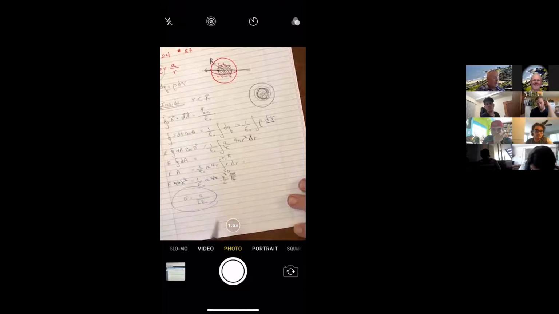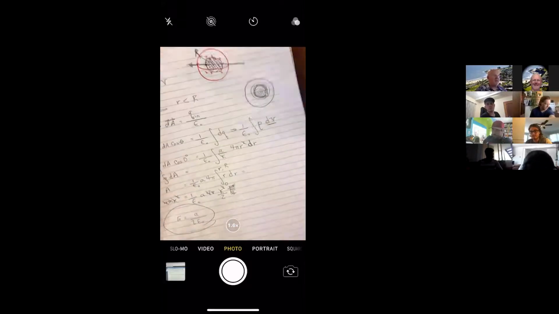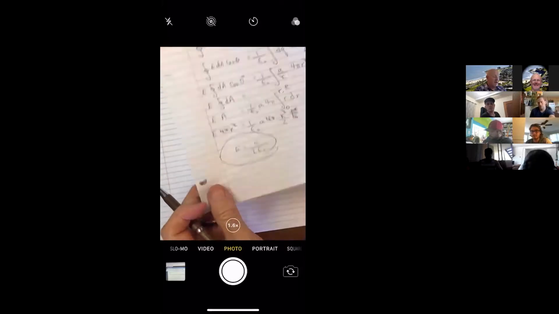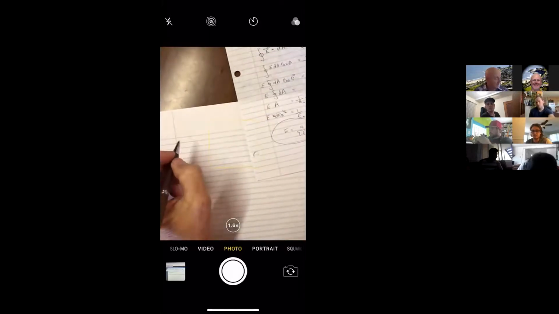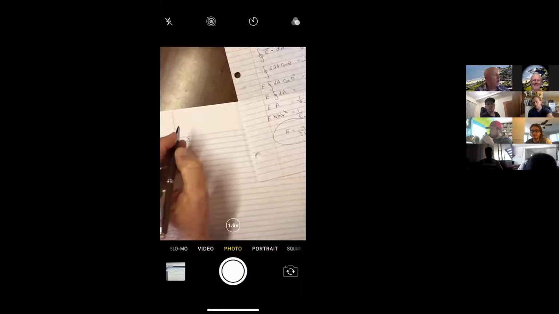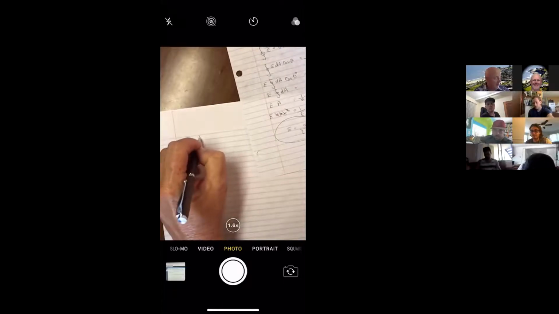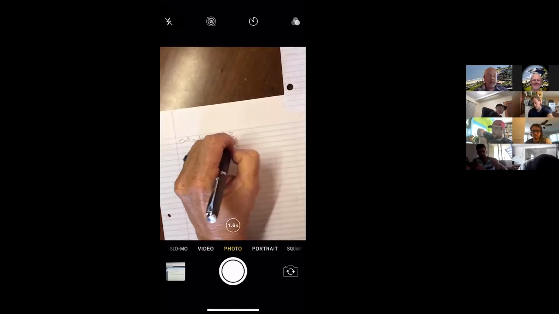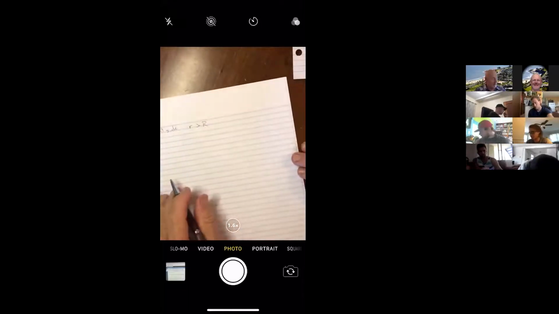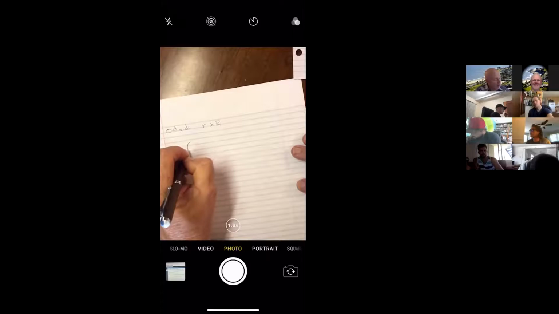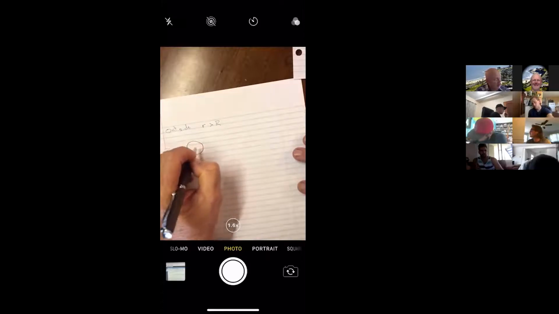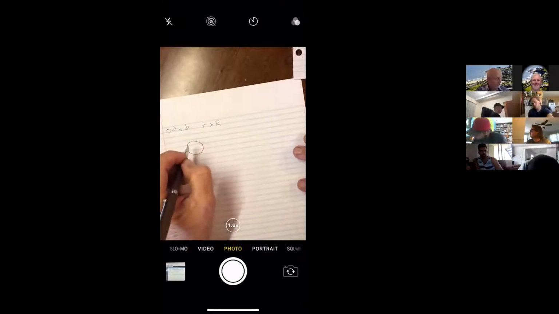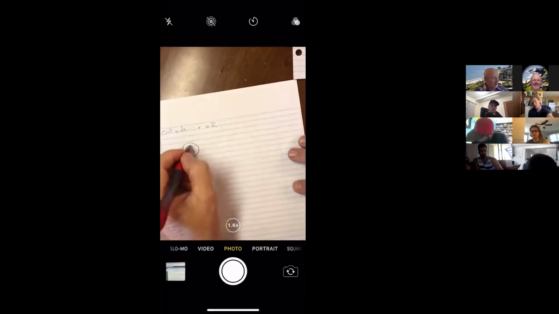Now, I'm glad you say that, because watch the second half of this problem. The second half of this problem is what I will call outside. That is, little r is greater than capital R. And so if I redraw this, oh, I should do it in red since I did it in red before.